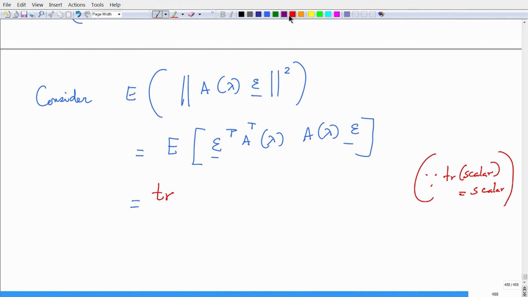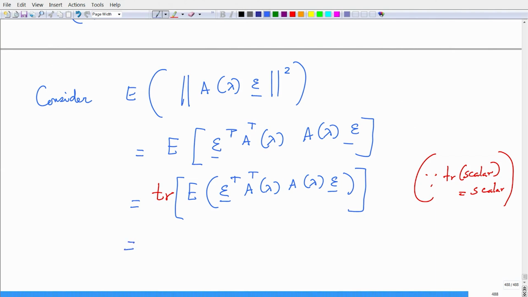So, I have trace of expected value of this quantity epsilon transposed A of lambda transposed A of lambda times epsilon.